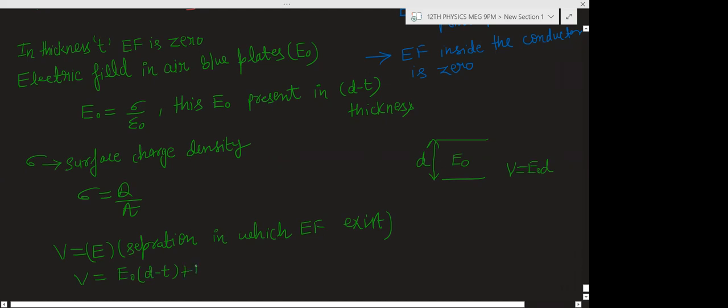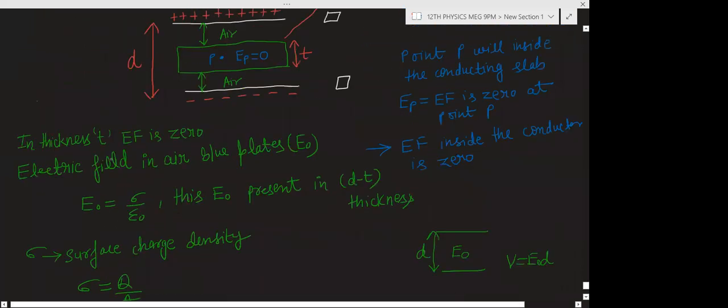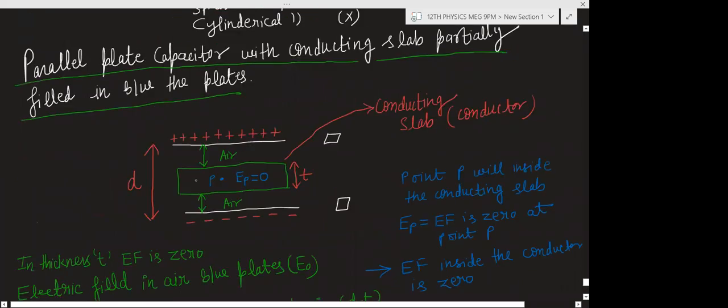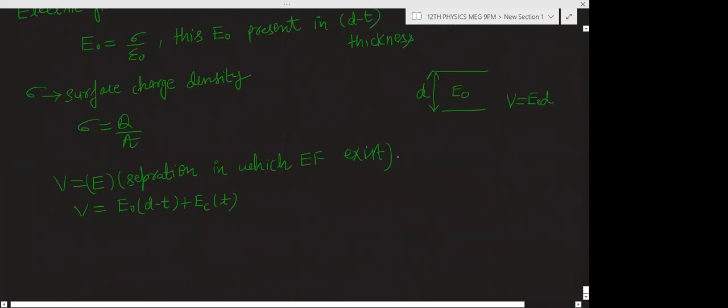and E conducting into t. Here E conducting, EC, is the electric field in the conductor, in the region of t thickness.